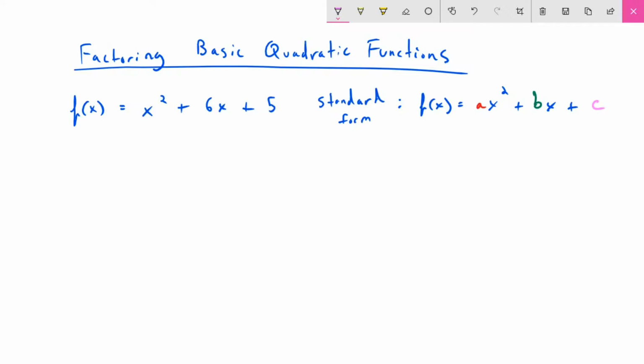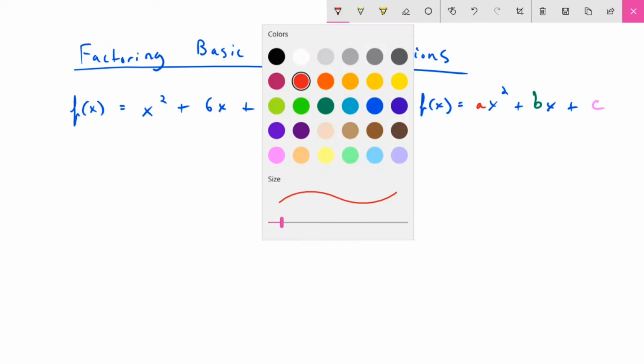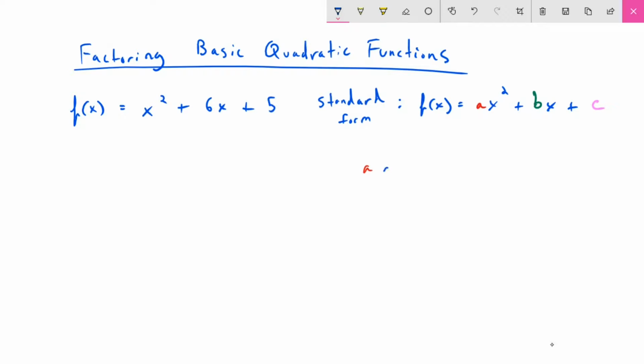Now a and b are called coefficients. Some people say c is a coefficient as well, but technically a coefficient is the number in front of x squared, or the number in front of x. You see, c is just a number, so technically that's a constant. But some people call that a coefficient as well. Anyways, a and b are called coefficients.